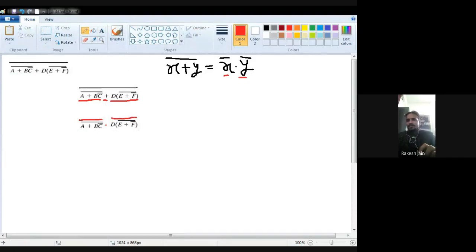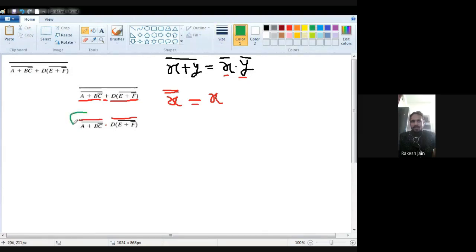Now see the first term, that is (A plus BC bar) having a bar, and we know that whenever bar to bar is there, if x is a term in which a bar is already there, and if one more bar comes, bar to bar will be cancelled out and only x will be remaining.